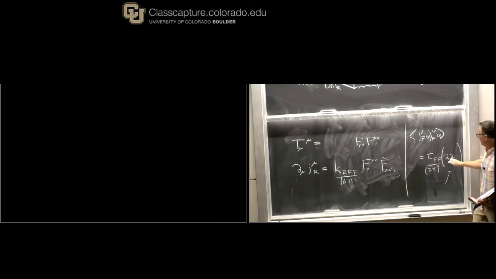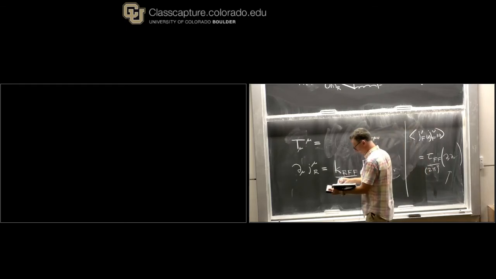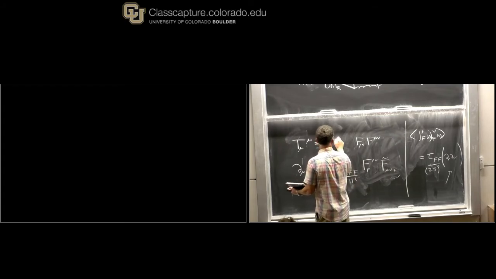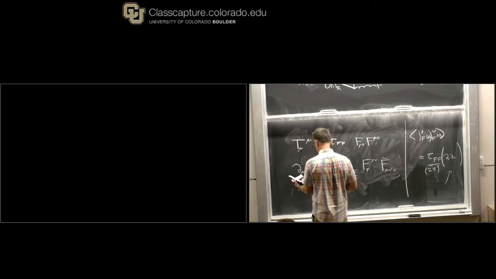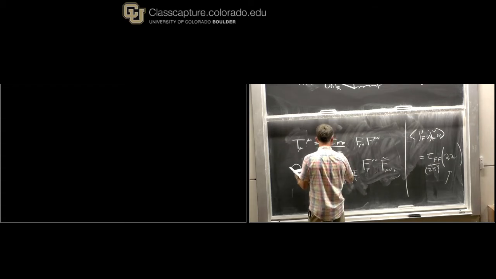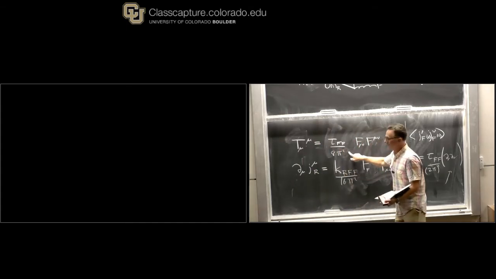But this is something that's completely fixed by the flavor symmetries, and there's this coefficient, and we get that T mu mu is this same coefficient, tau ff over, I think, maybe 8 pi squared. This needs to be checked.